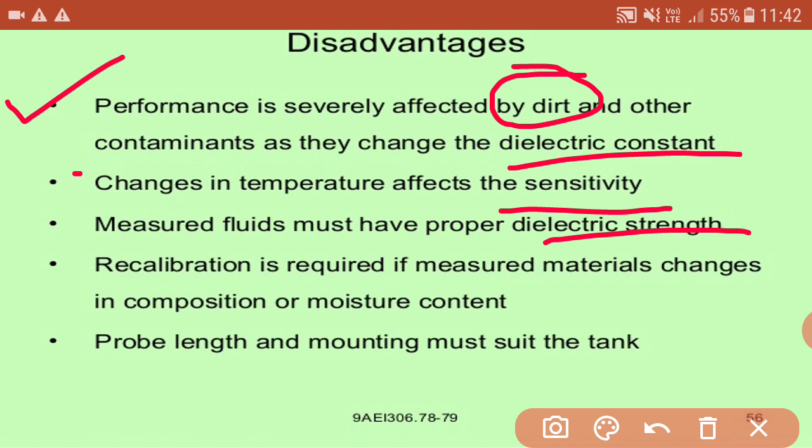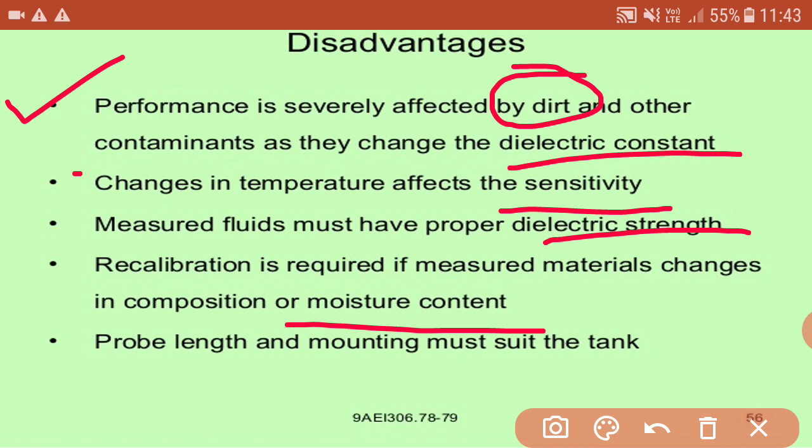Recalibration is required if measured materials change in composition or moisture content. So if there are changes in moisture content or any changes in materials, then we have to do recalibration, because there is error in calibration due to moisture.